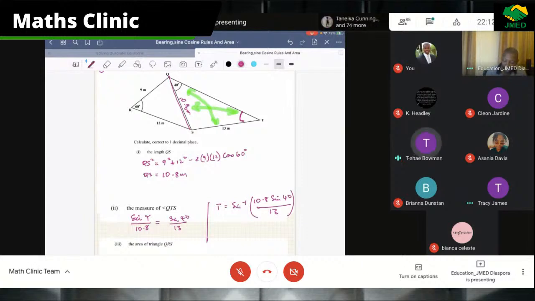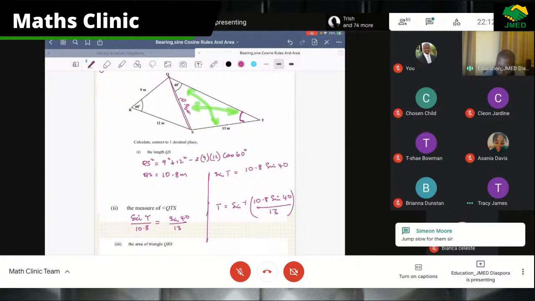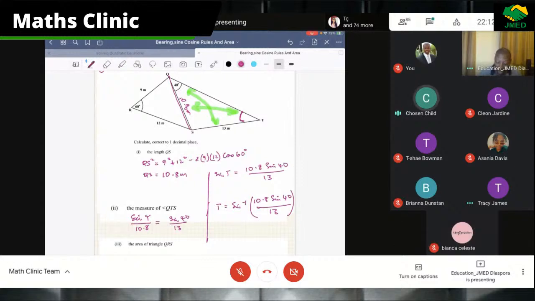Yes, sir. All right, let me take time with the jump then. I have sine T is equal to 10.8 sine 40 over 13. Is that okay? Yes, sir. Good. And then you would move to this stage.